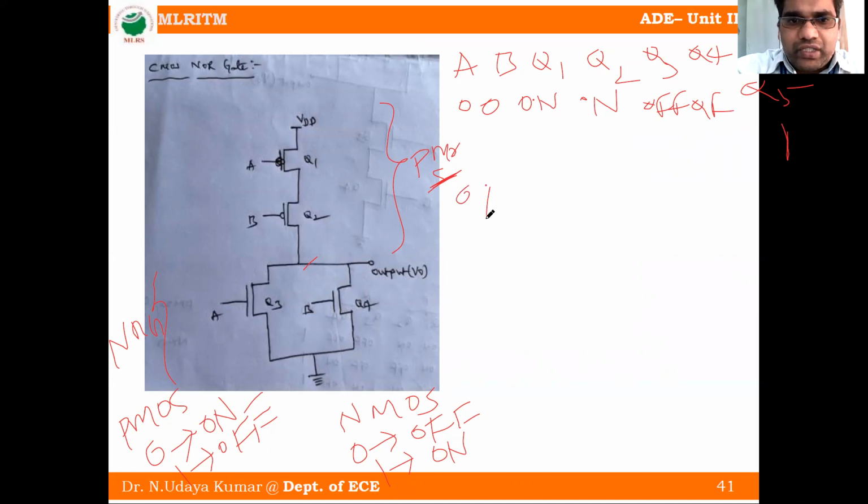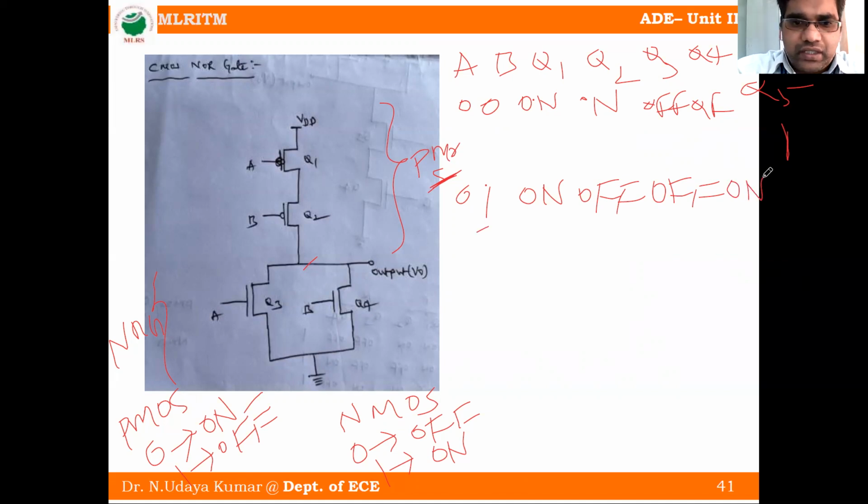Next, second case, 0 1. For 0, the transistor is on, so Q1 is on. Next, B is 1, so Q2 is off. Next, Q3 has 0 given, so it is off. Next, Q4 has B equal to 1, so it is on.